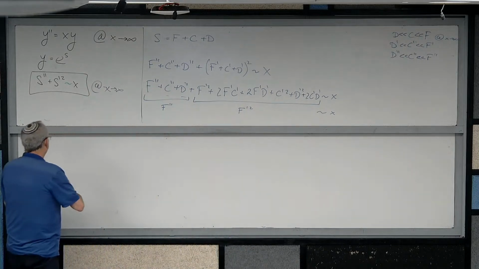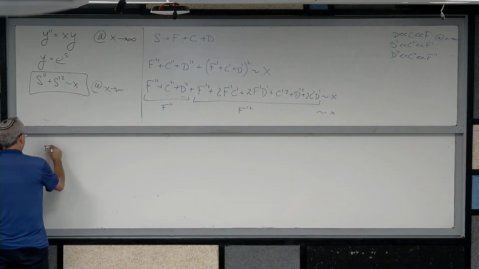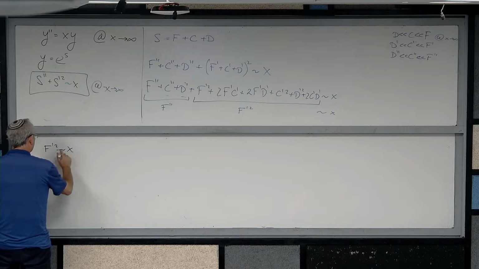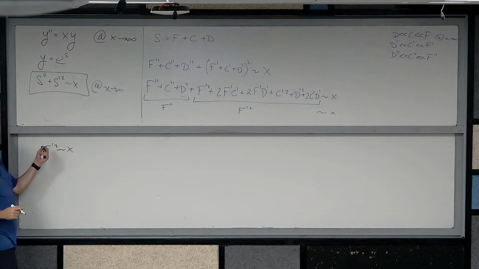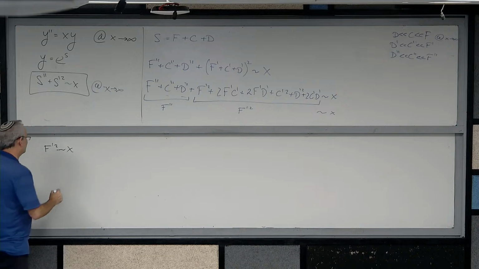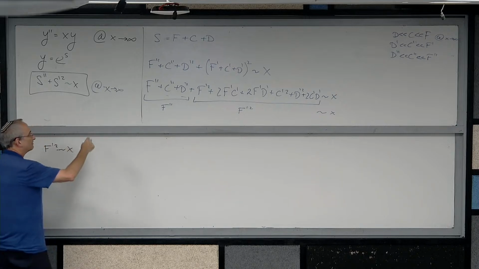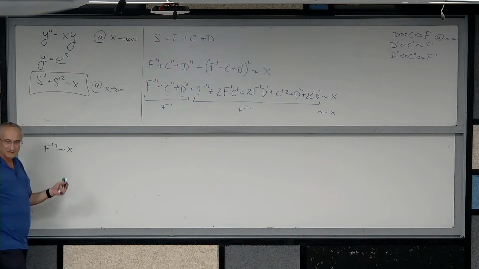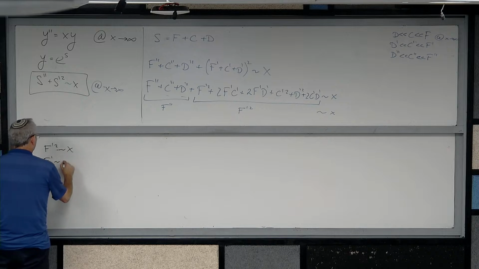So first of all, we are saying that F prime squared is asymptotic to x. Sometimes I write equal to, but you have to understand that it is asymptotic, and I'm not writing on every line that this is as x goes to infinity. So F prime is asymptotic to plus minus square root of x.